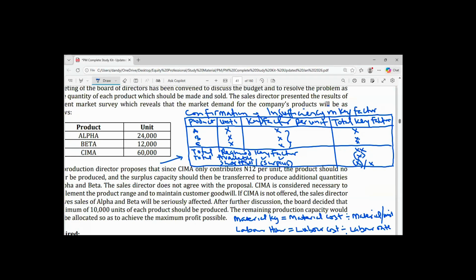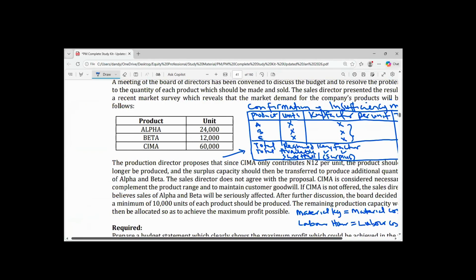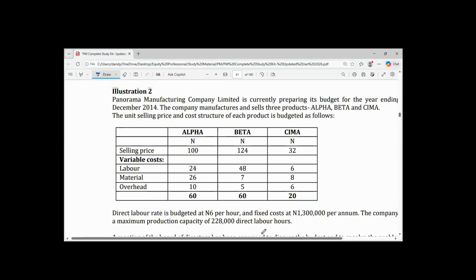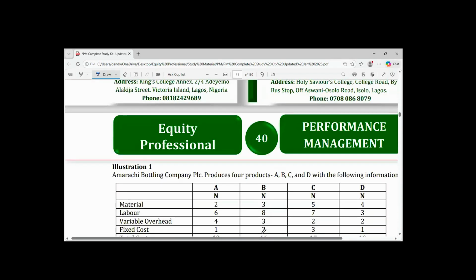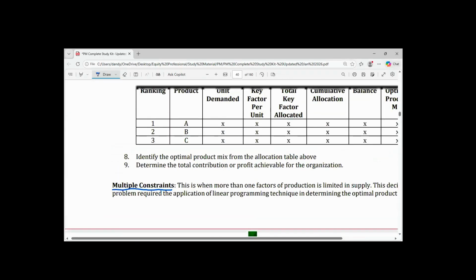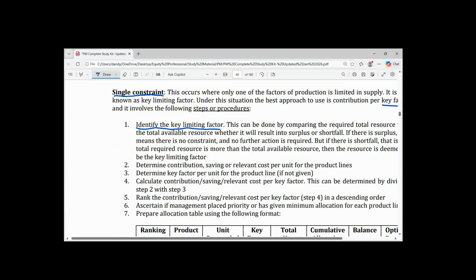Step two says, calculate contribution slash saving per unit. How do you determine contribution per unit? Determine contribution slash saving per unit for each of the product line.